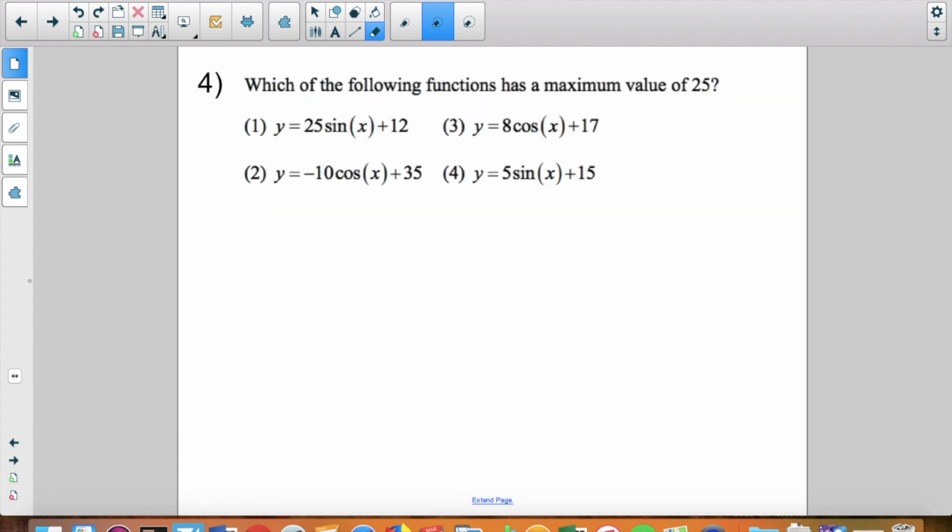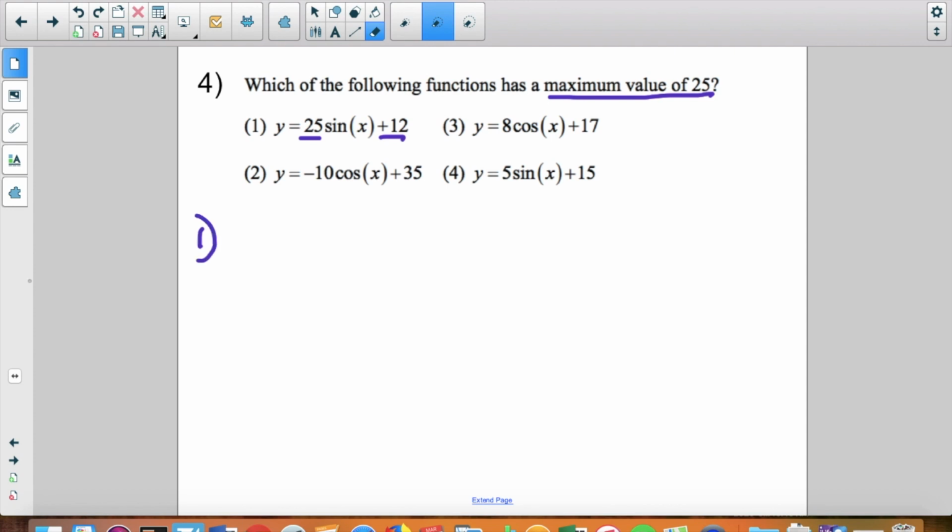All right, lastly, which of the following functions has a maximum value of 25? So now this is another slightly different problem. However, we are given the amplitude and we are given the midline. So we can use that. So let's first look at answer choice 1.